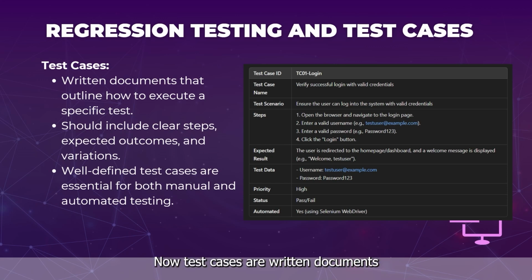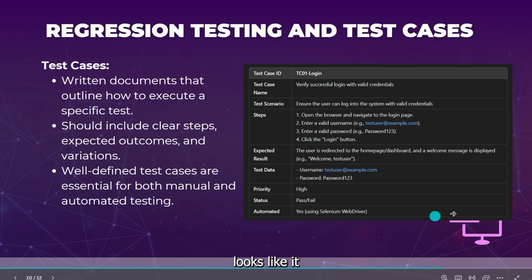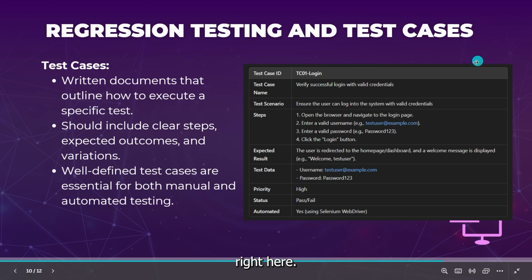Now, test cases are written documents that outline how to execute specific tests: clear steps, expected outcomes, and variations. These cases are essential for both manual and automated testing. So an example of a test case looks something like this image right here.